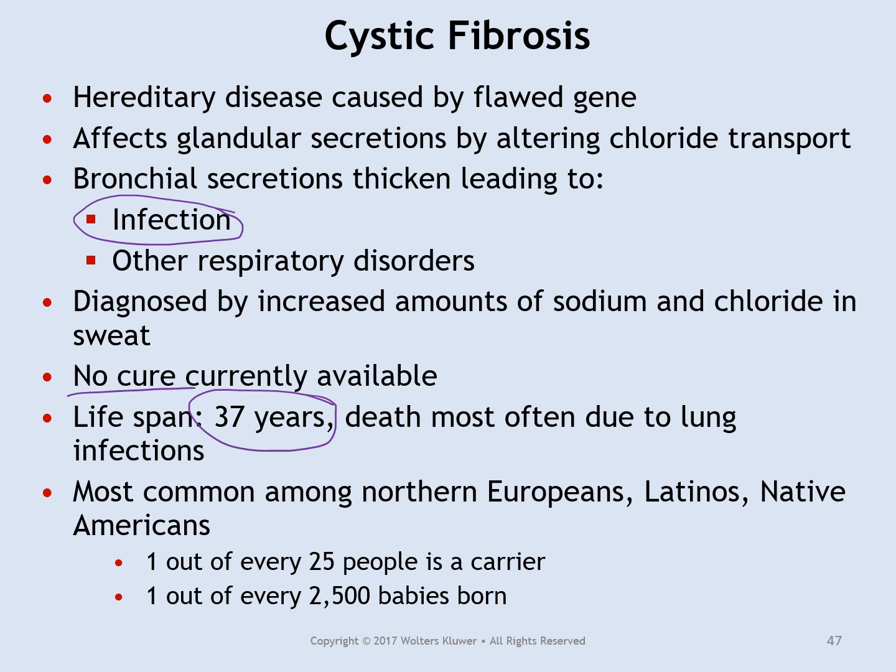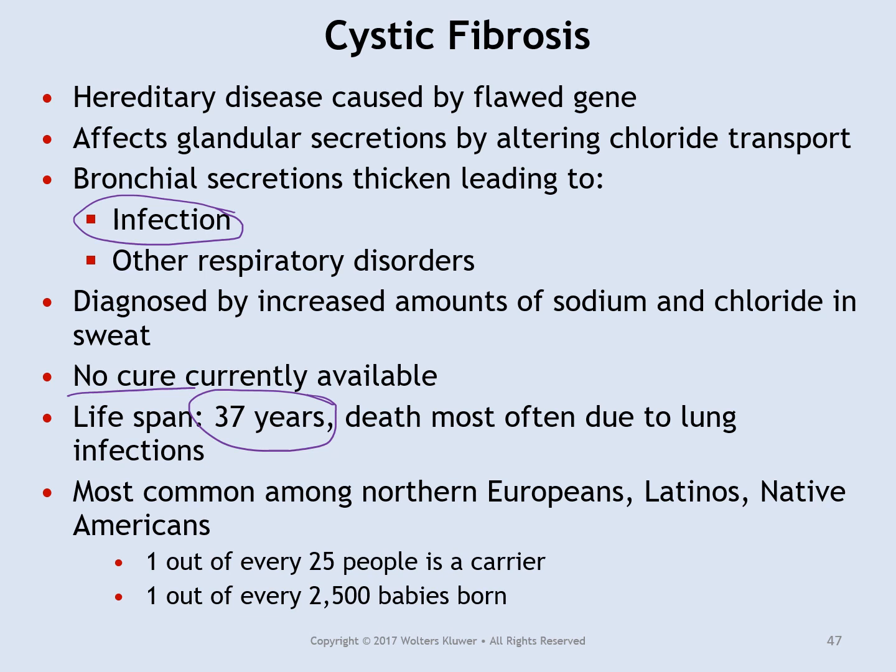Cystic fibrosis is interesting. It's one of our diseases that tends to have a strong racial or genetic bent to it. We see sometimes diseases that show up in one ethnicity versus another. Tay-Sachs disease, for example, is seen almost exclusively in Ashkenazi Jews.